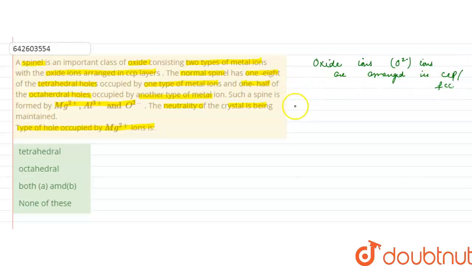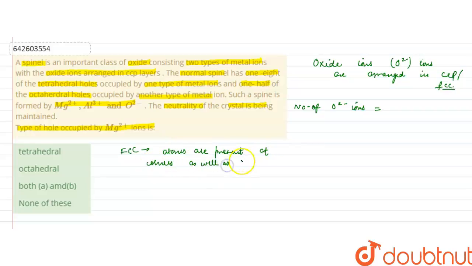So we can say the number of O2- ions would be, because the ions or atoms which are arranged in the FCC type arrangement are present at corners as well as at all face centers.